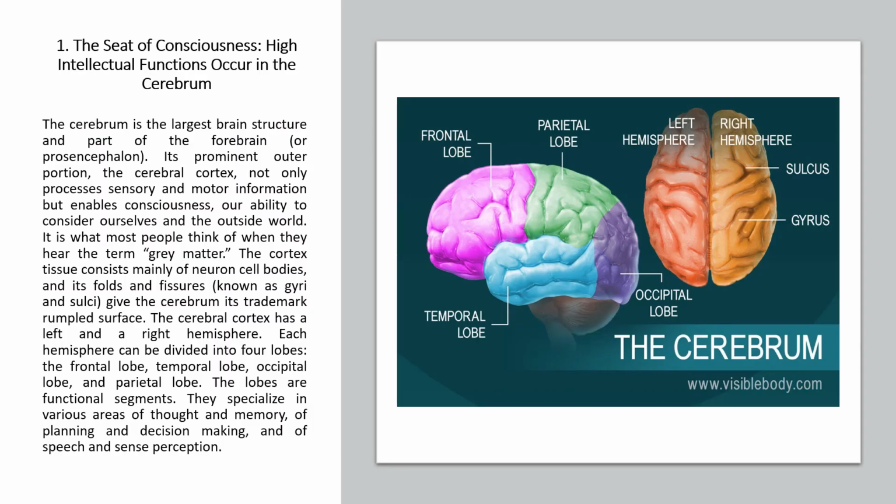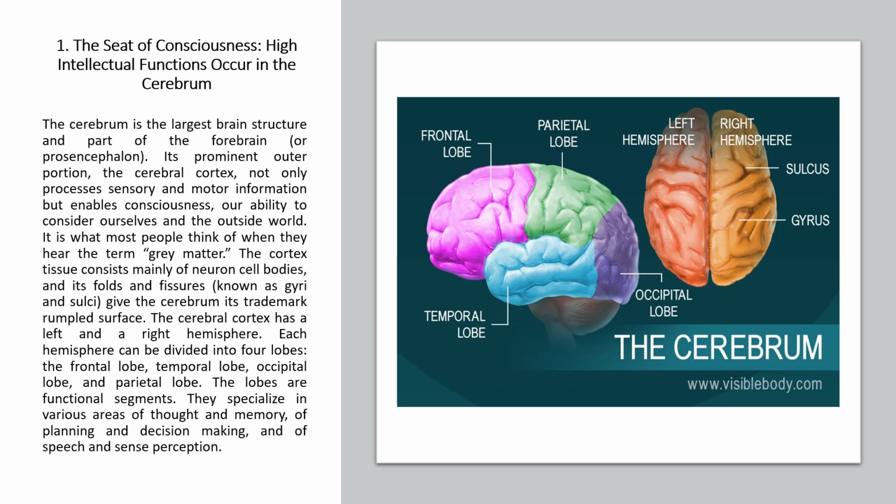So let's discuss the seat of consciousness, the high intellectual functions that occur in the cerebrum. The cerebrum is the largest brain structure and part of the forebrain or prosencephalon. Its prominent outer portion, the cerebral cortex, not only processes sensory and motor information, but enables consciousness, our ability to consider ourselves and the outside world.